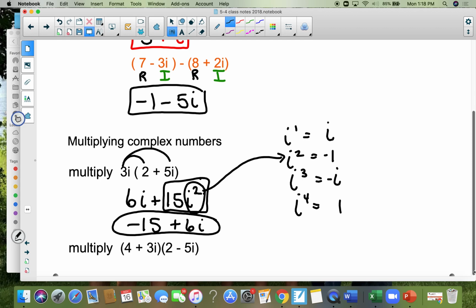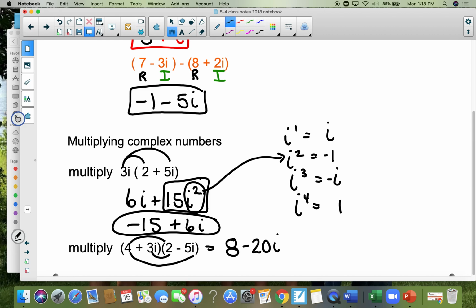Let's do this one. 4 plus 3i and 2 minus 5i. 4 times 2 is 8. Outside term gives me a negative 20i.